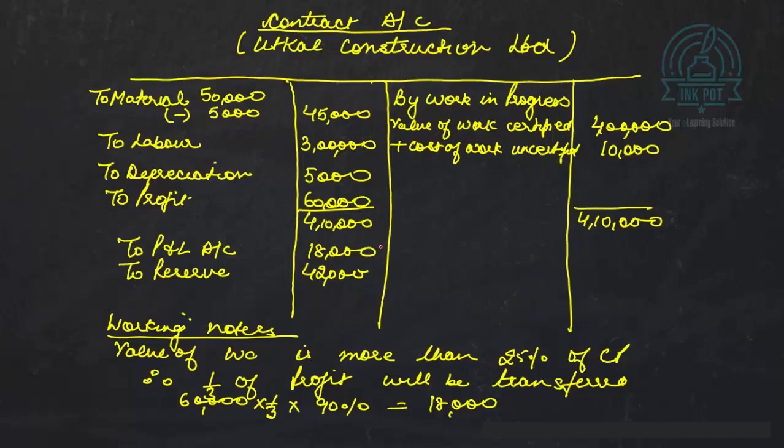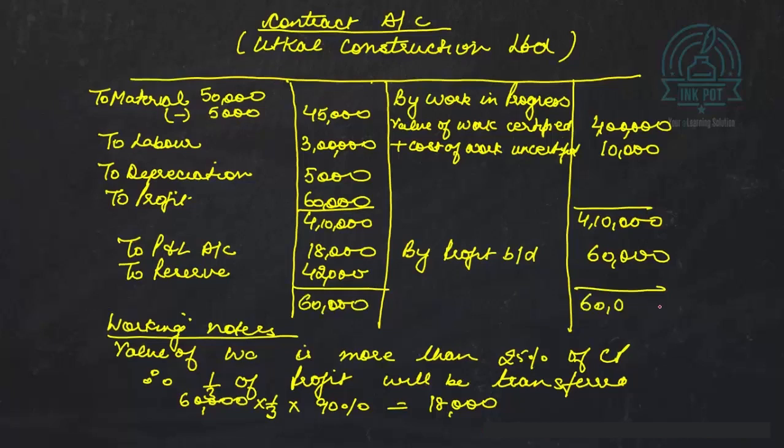So this is all, and here we are going to write down profit brought down 60,000, and we have done the division here. So answer is 60,000. So we are done with the question.